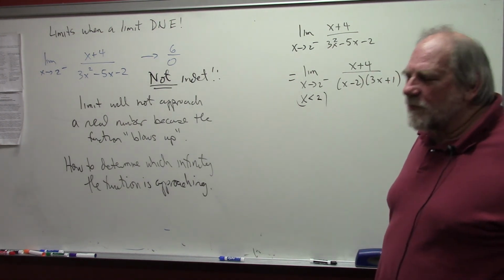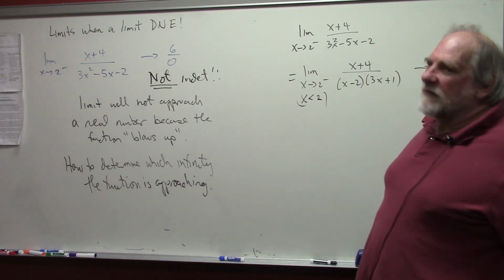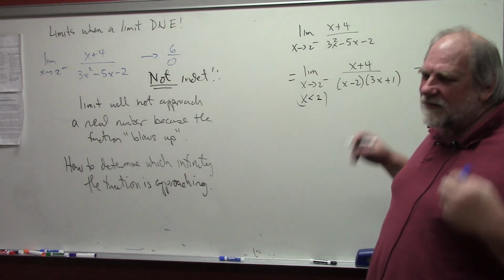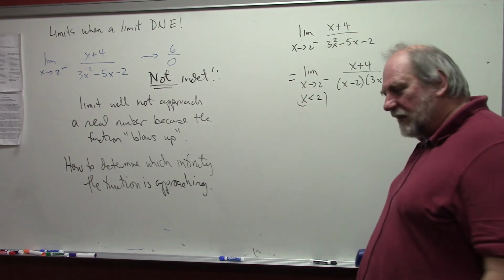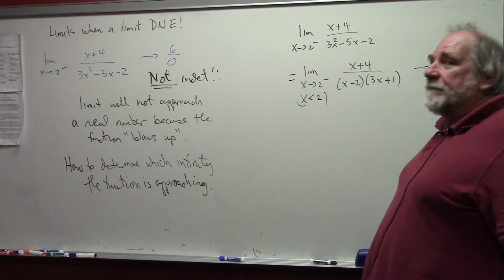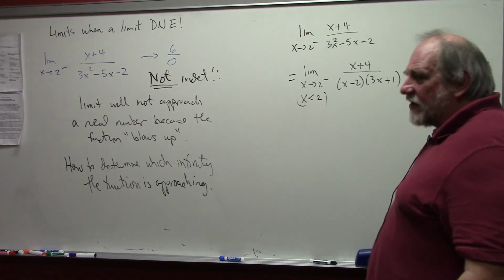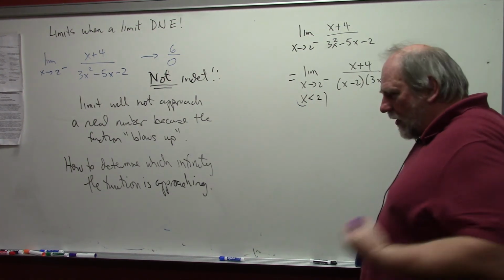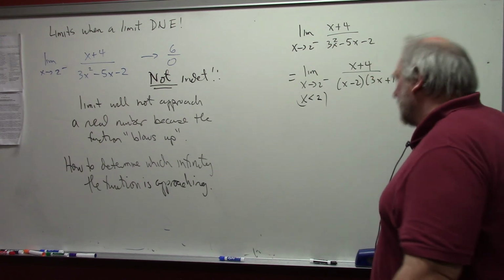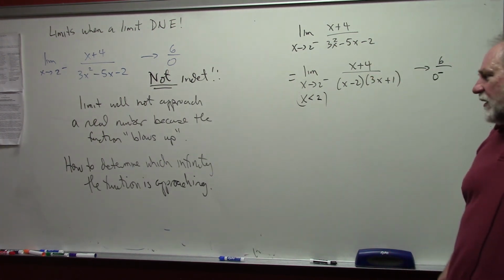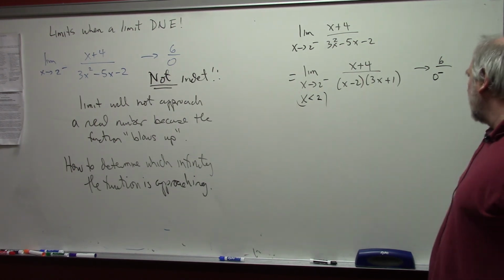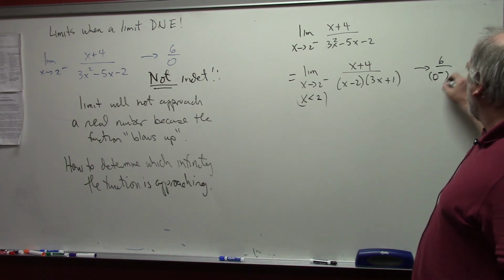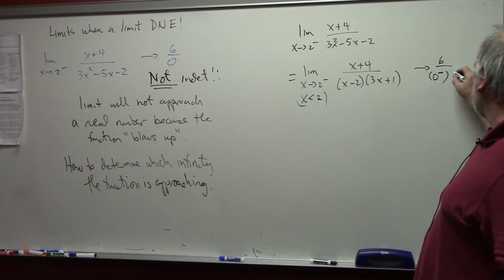Again, you have to get into your brain that with limits, you do not let the value equal the limit value, what we're approaching. We are approaching 2. It never actually equals 2. That's a hard concept to get used to. x is never 2. It is always less than 2, which means this is always negative. This factor is going to approach 7.